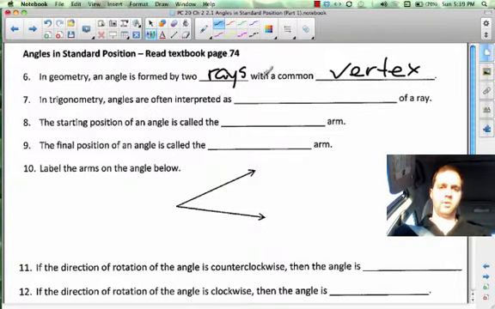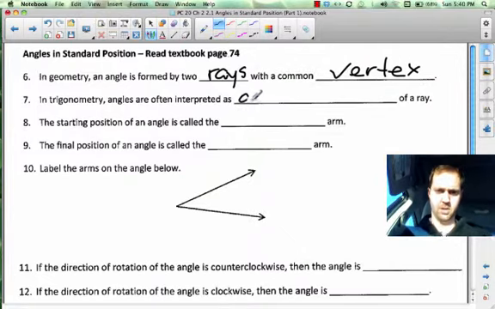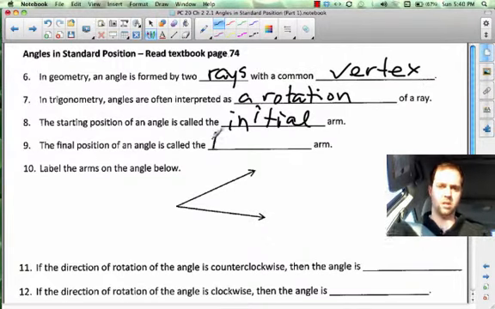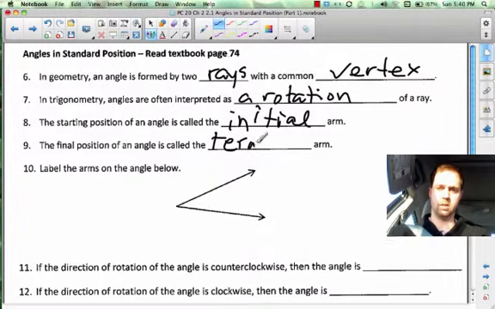In trigonometry, angles are often interpreted as a rotation of a ray. The starting position of an angle is called the initial arm. The final position of the angle is called the terminal arm.